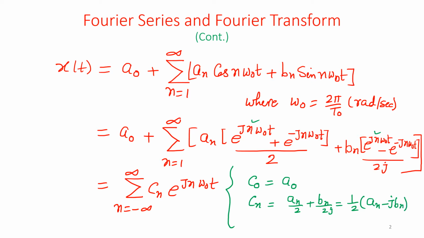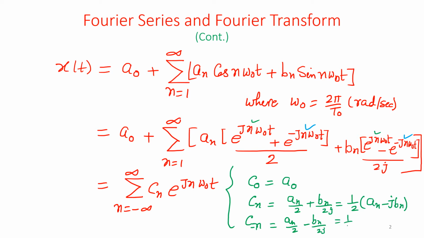It's okay. Similarly, when n is negative, that I will write as c minus n. So this second term, this one. So if we consider these terms and these terms, okay, this is equal to, again, an upon 2, and this time it is minus bn upon 2j.